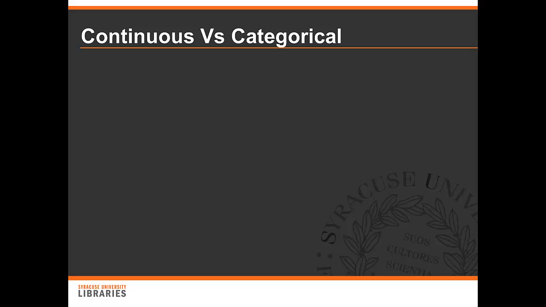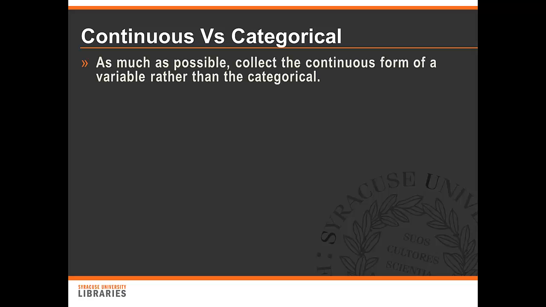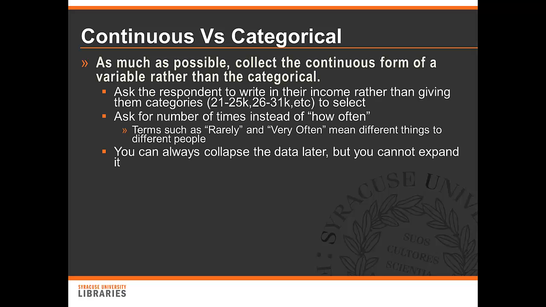Let's talk about using continuous versus categorical variables. As much as possible, you should try to collect the continuous form of a variable rather than the categorical. This will give you more options in terms of data analysis later on. Specifically, ask the respondent to write in their income rather than giving them categories to select.